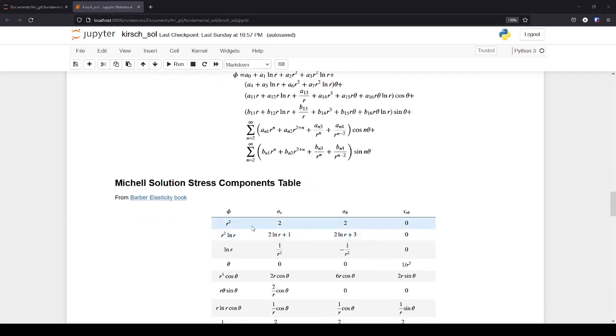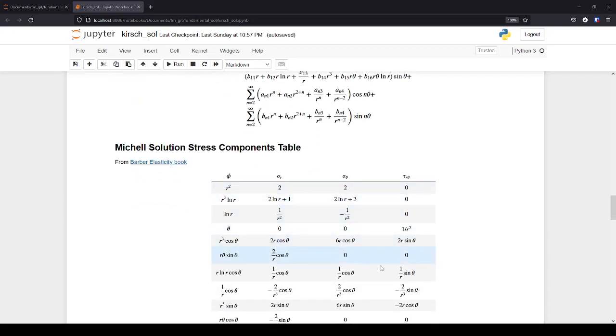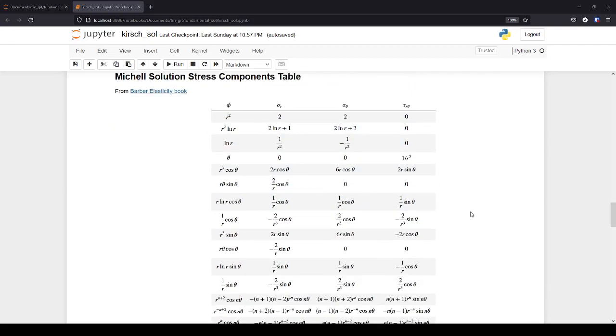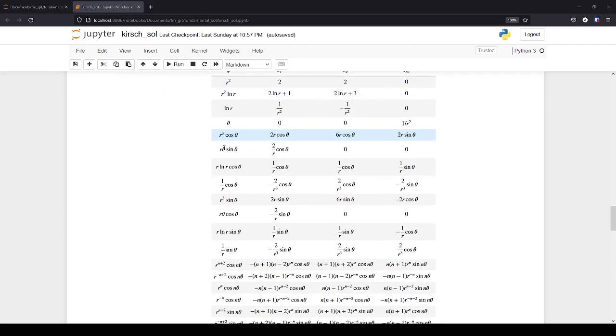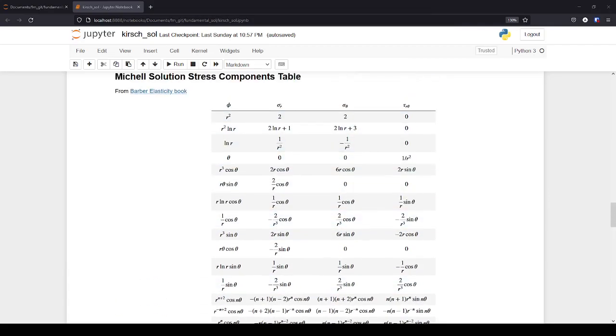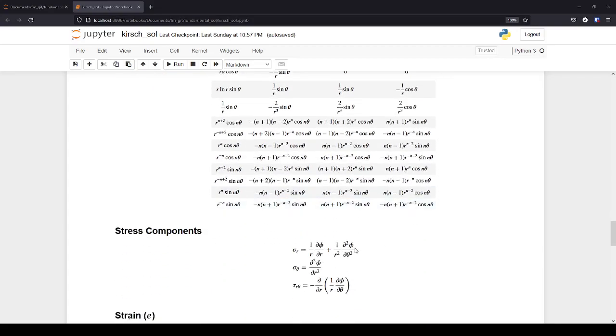And then from here you can find the proper terms you need to select for the Airy stress function. So for example, these are all the terms in the Airy stress solution, and here are the corresponding radial stress, hoop stress, and shear stress, which have been extracted from this set of equations here.